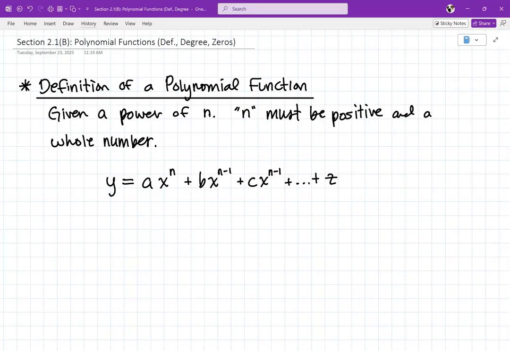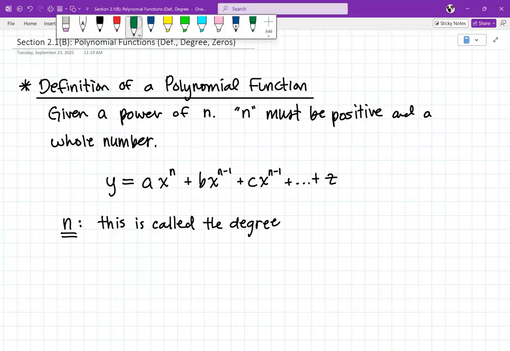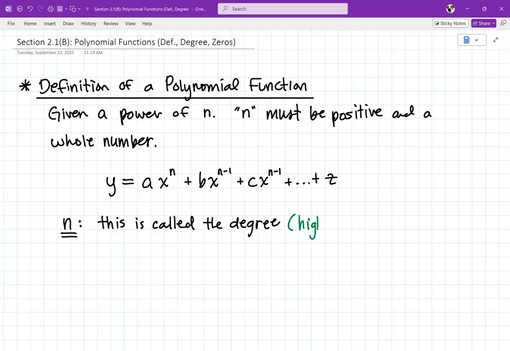But there's a couple things that you guys have to know about it. So n, this is called the degree. The definition of degree means highest power.